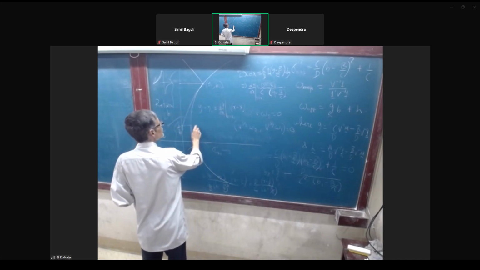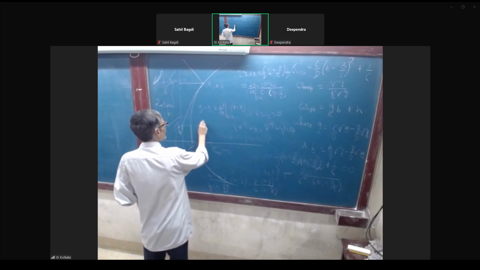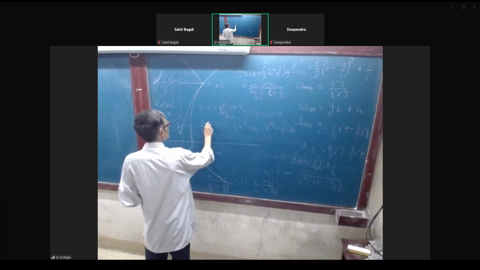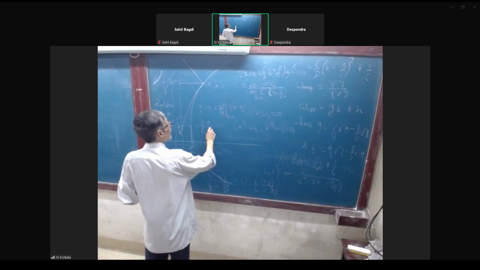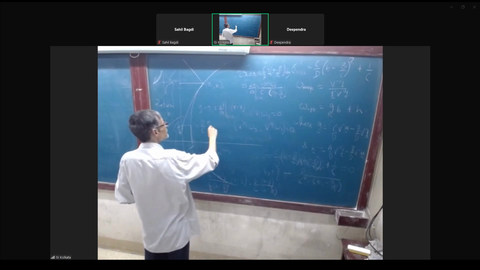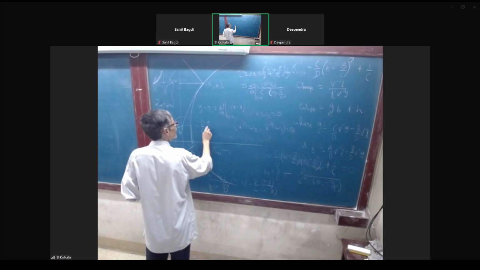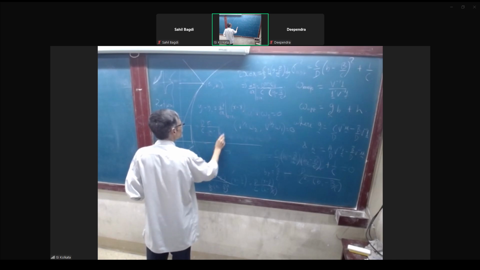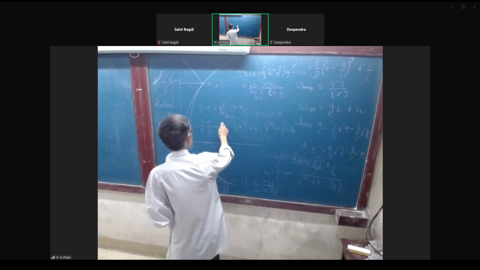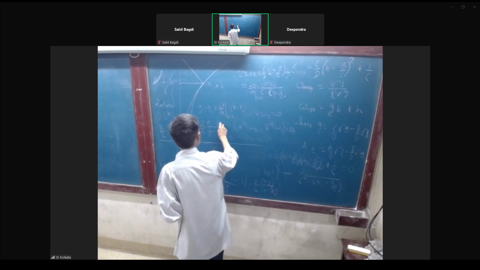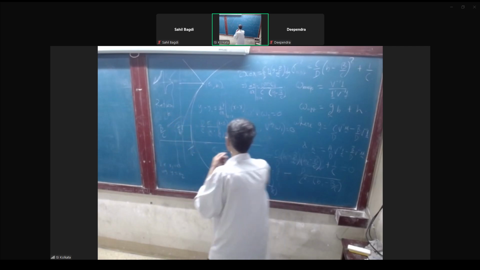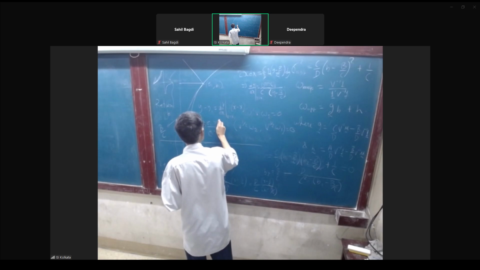Basically, that means this is equal to x1, which is sigma 1, and then times v1 minus d by c. And then this is x minus x1, x minus sigma 1.